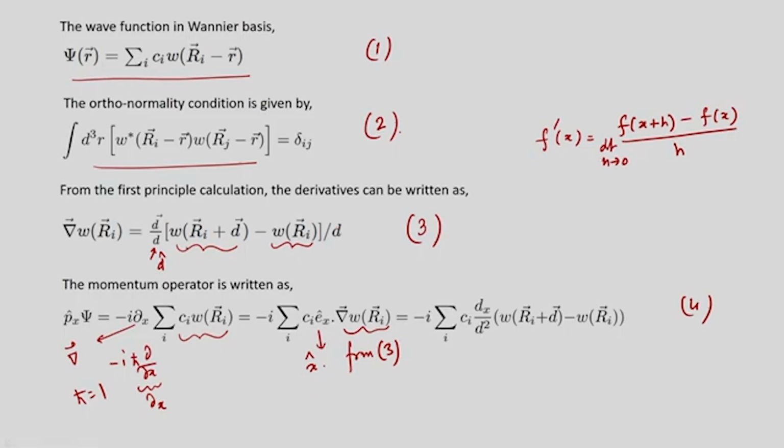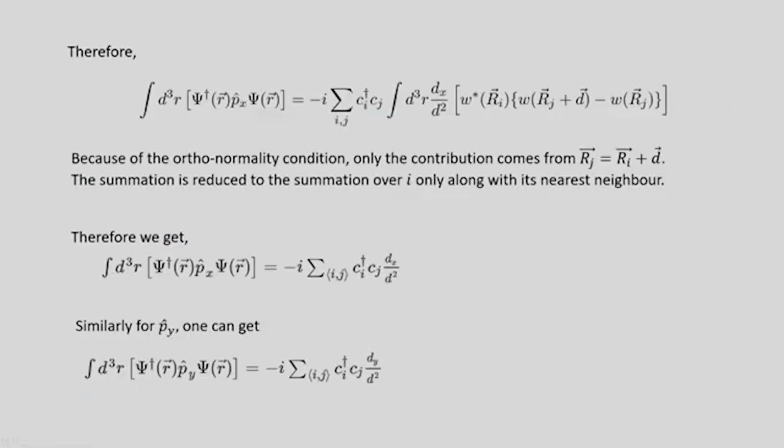Now, this quantity is no longer a vector, because you have dotted with the x cap direction, and this x cap comes because we have taken p_x; for p_y we will get a y cap here. So what we land up with is an operator, and then this d_x over d square and these linear functions, or the difference between the linear functions at the consecutive nearest neighbor sites.